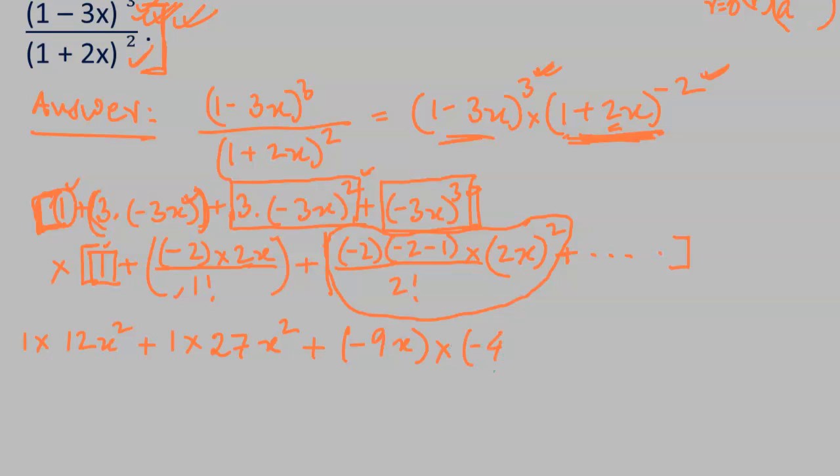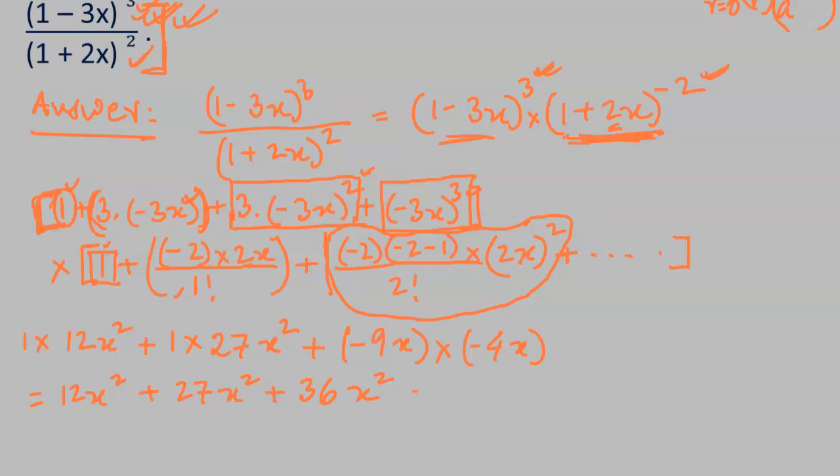Okay. So this is equal to 12x square plus 27x square, and this is negative times negative, which is positive, so it is a positive product. 9 times 4 is 36. 36x square.